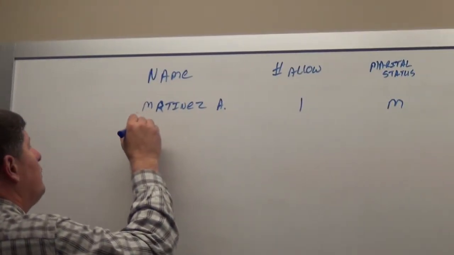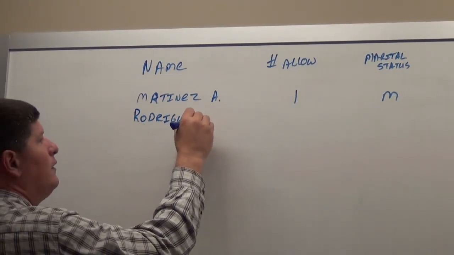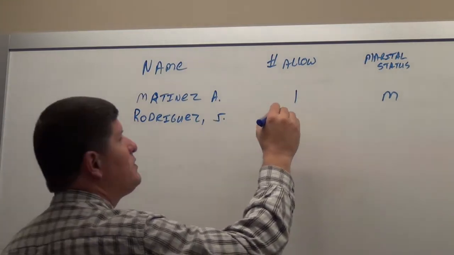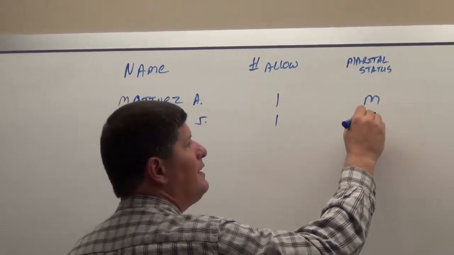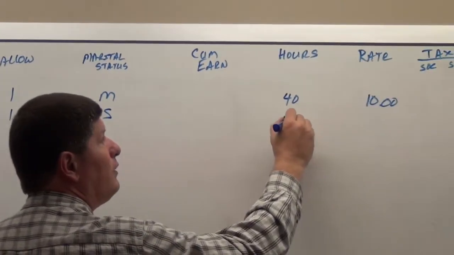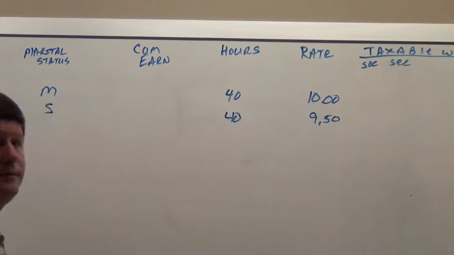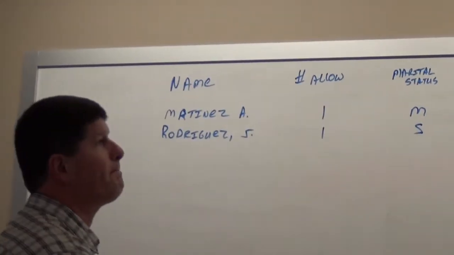Then we've got a Rodriguez, Jorge, who has got one allowance. He's single, different, and he worked 40 hours, and he only gets paid $9.50. Okay?